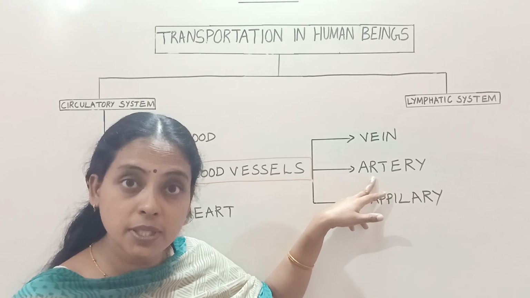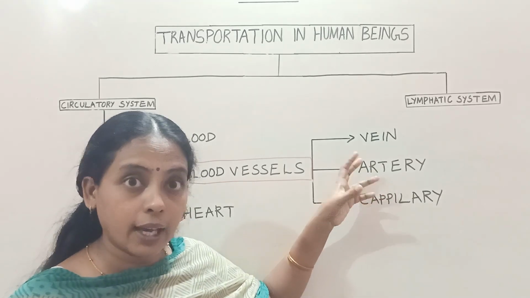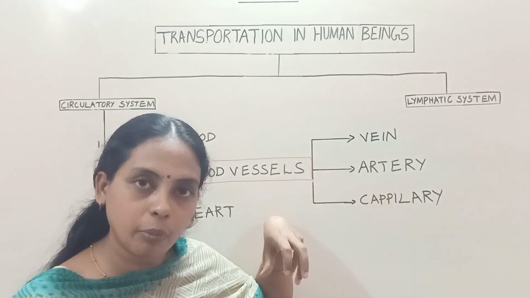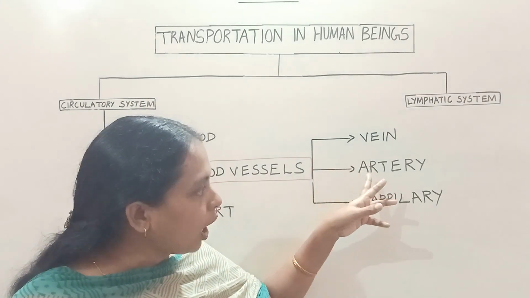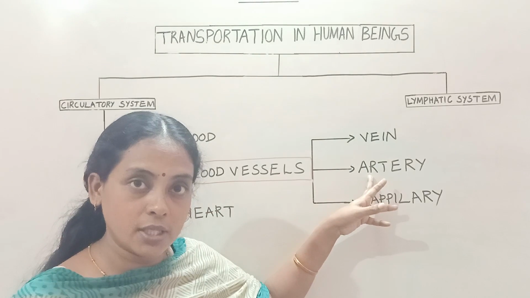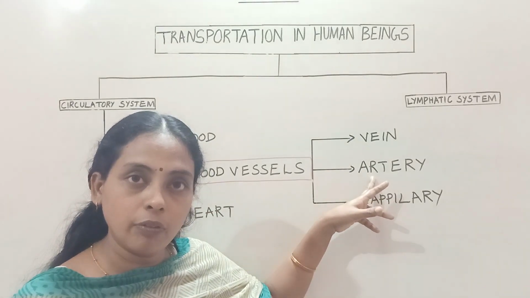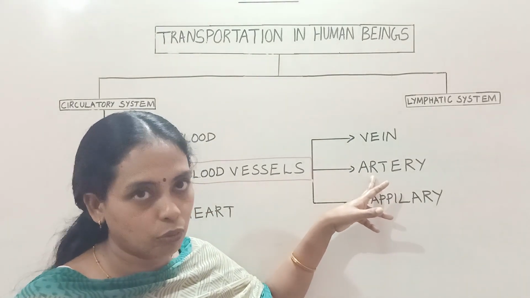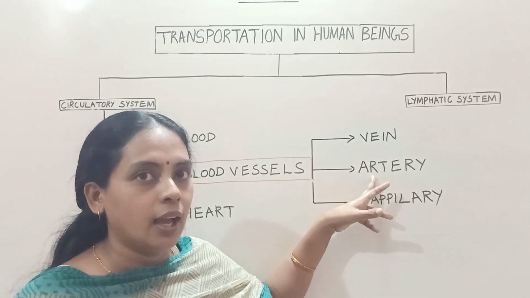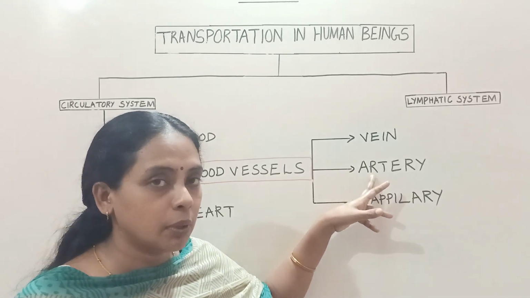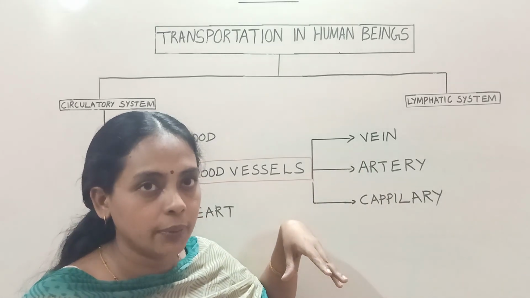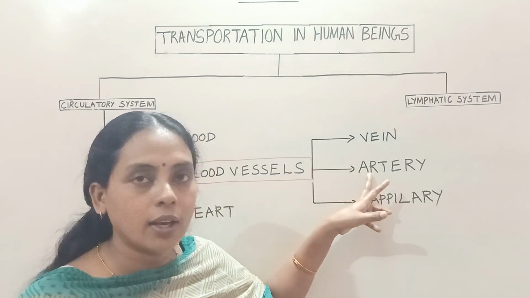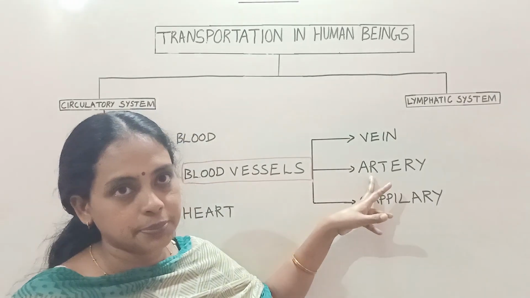When the heart pumps blood, the flow goes directly to the artery. So the flow of blood through artery is under pressure, so it is made up of thick elastic walls. It carries oxygenated blood from the heart towards different parts of the body, and there are no valves present in artery.